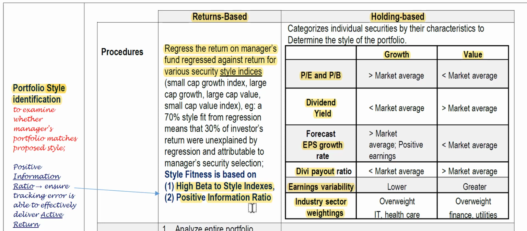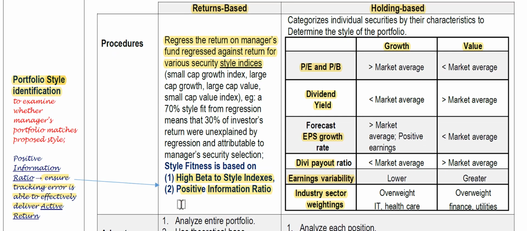So that way it also ensures you have a lower tracking error and is able to effectively deliver active return. Okay, so this is the value, the outcome from positive information ratio.